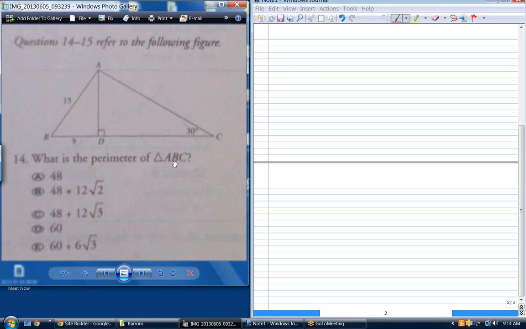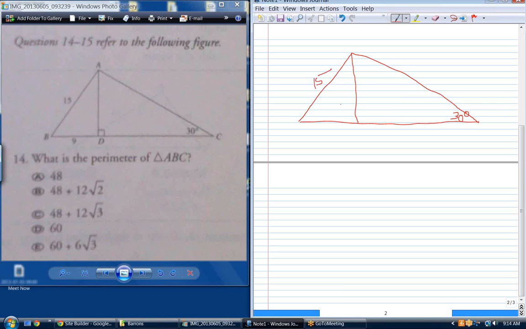This problem here, what's the perimeter of ABC? And like an awful lot of problems we're seeing, it's a question of filling in the missing measurements. And usually they're not going to be direct. You're going to have to figure out something else before you're able to figure out the one you want.